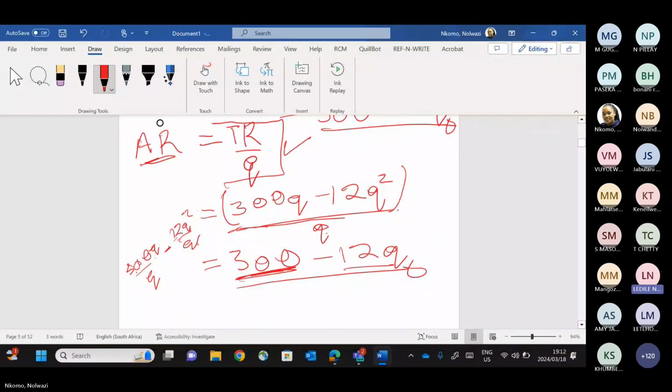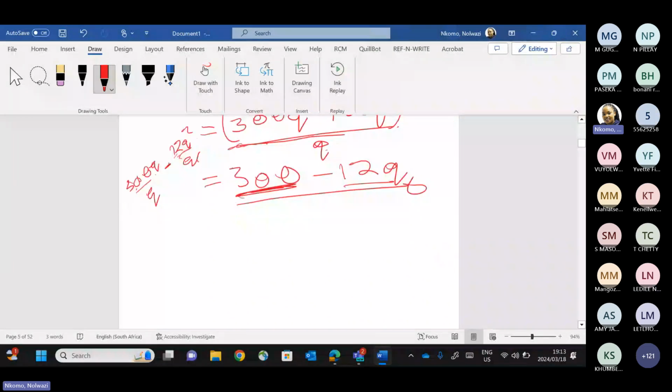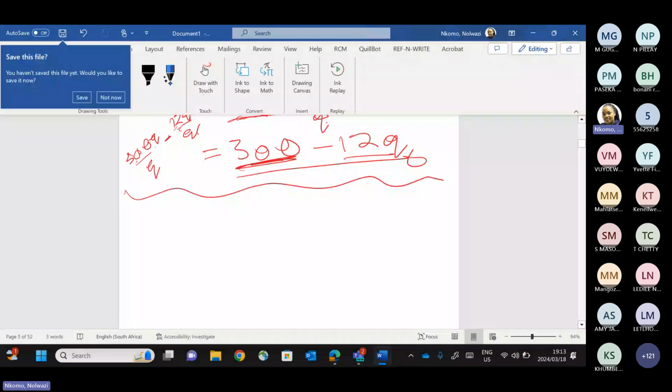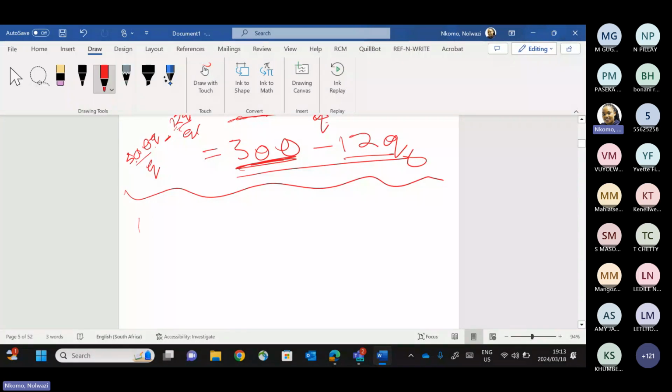Okay. Suppose in another example, you are given an average cost function for a certain product, as average cost equals 3Q plus 20 over Q plus 6.